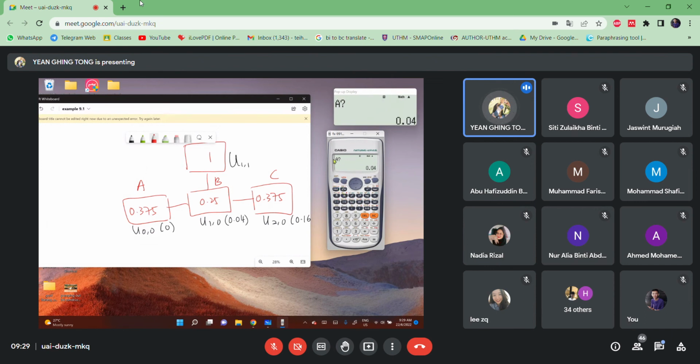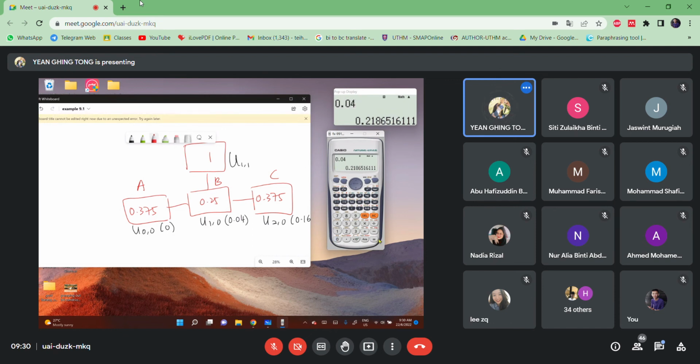Okay, it will ask you what is your A. Just now my value for U00 tadi kan is 0. So I key in 0. The value of my B, that means U10 is 0.04.